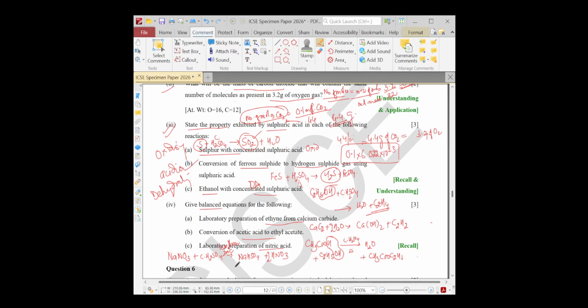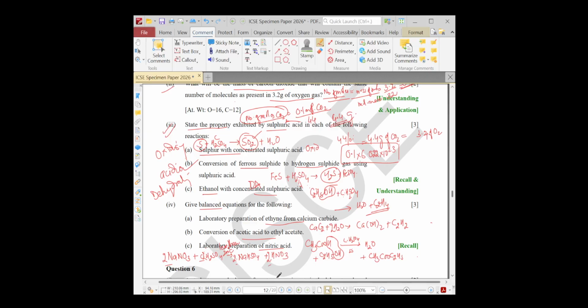So here you are going to get NaHSO4 and 2 nitric acid, so you get 2 nitrate, then 2 sodium. Then hydrogen, you have 2 plus 2, 4. So here 2, and we can simplify, then it will be 1, 1, 1 and 1.